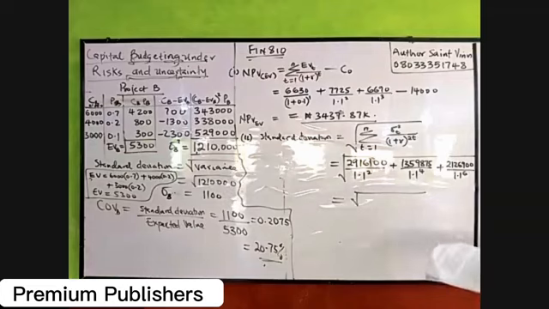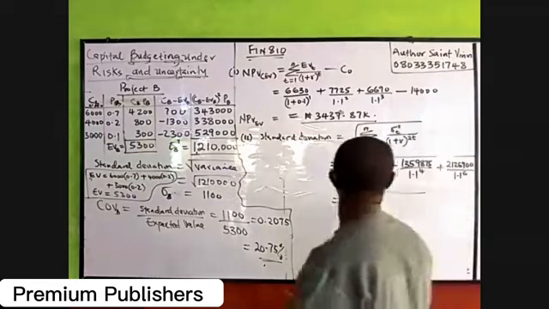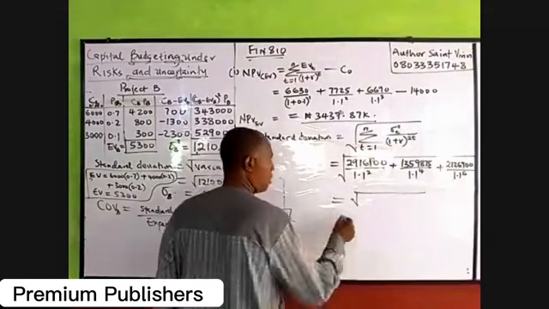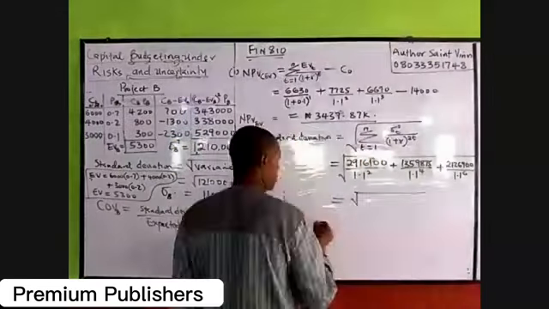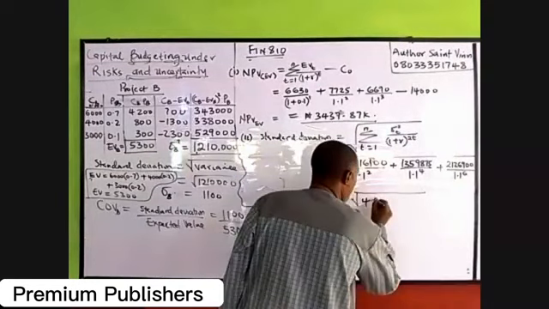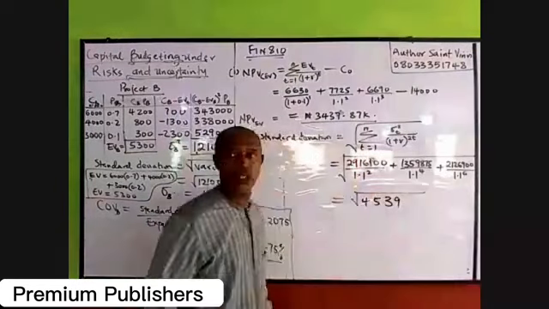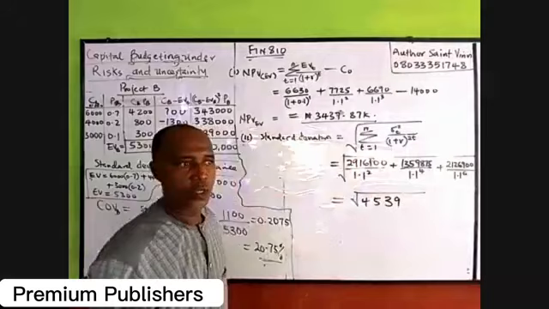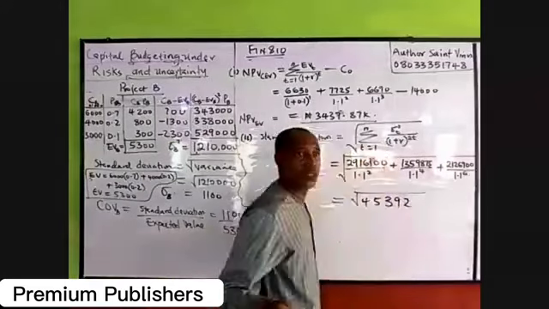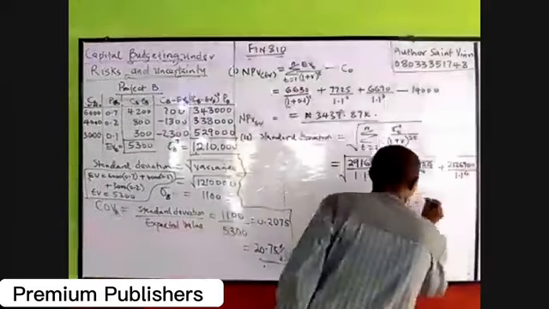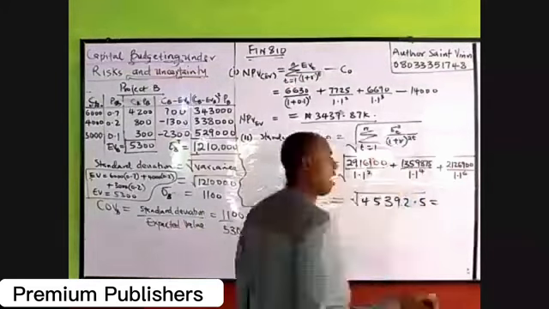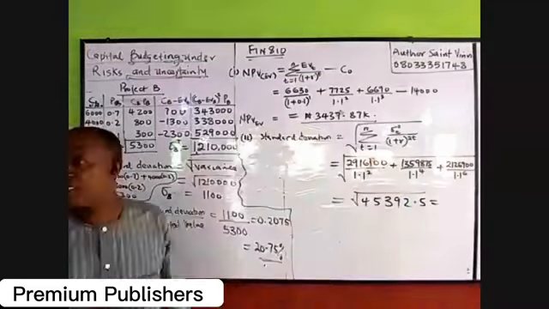Okay, no one. You say what is that? 4539. 392. 392 what? 392.5. So what's the standard deviation? The square root of that?